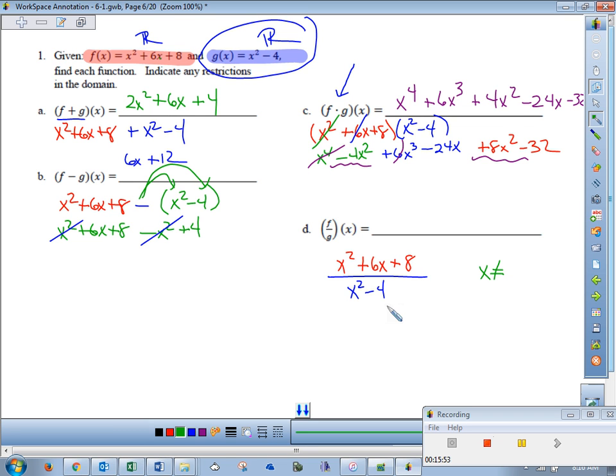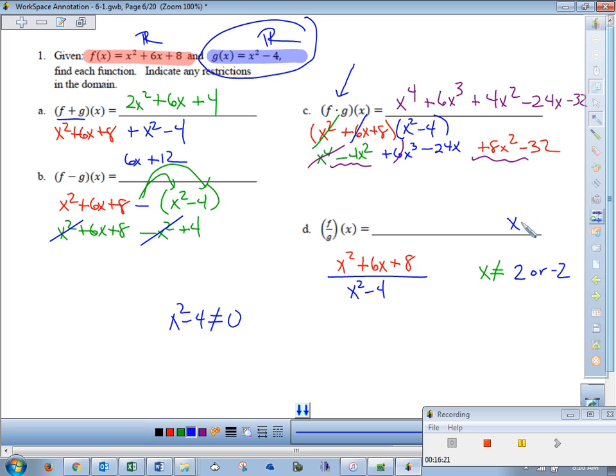What numbers for x don't work? And if you don't know, you take this denominator and set him not equal to 0 off to the side and solve for x. What are numbers or a number that doesn't work for x? 2 or negative 2. Those numbers are restrictions in my domain.